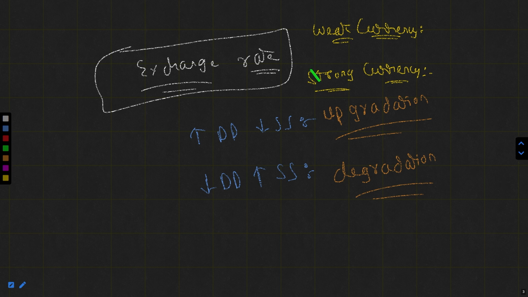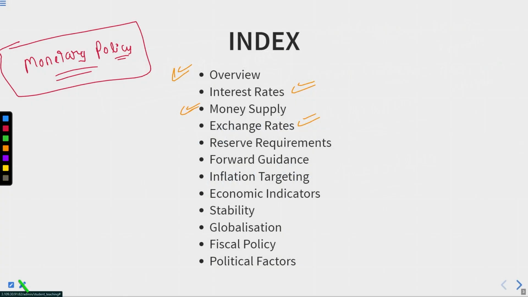Weak currency promotes exports, and the strong currency deals with inflation. How? We had discussed it in the previous lecture in detail. All right. So these are the things which we had covered in the last lecture, and this is a small recap of them.